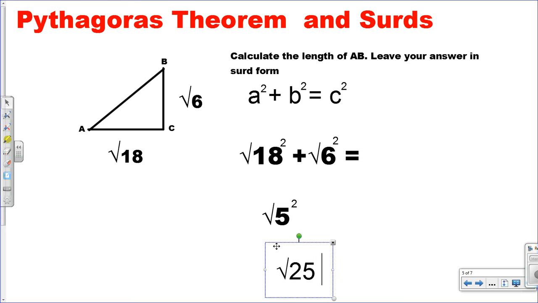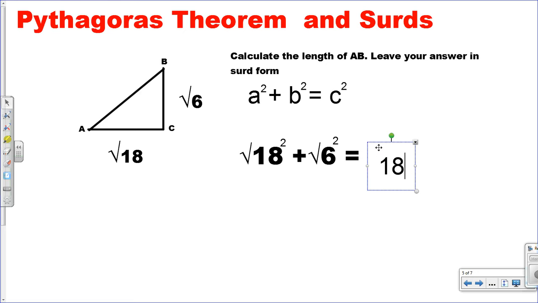And the square root of 25 equals 5. So look what's gone on here. All we've done is taken out this square root symbol and you're just left with 5. So what does that mean for us up here? That means that this is 18 plus 6, which equals 24.